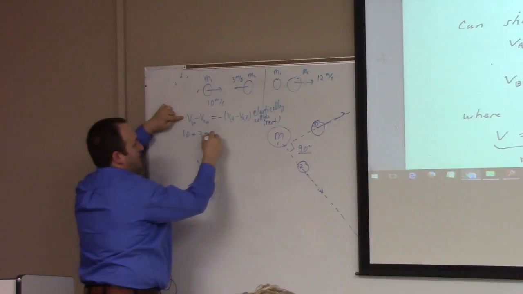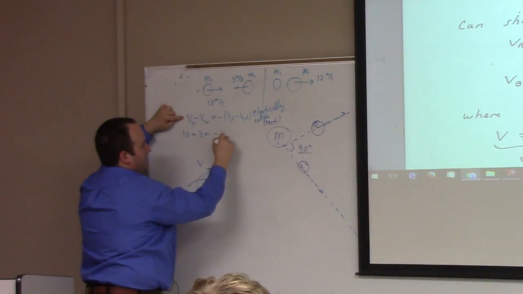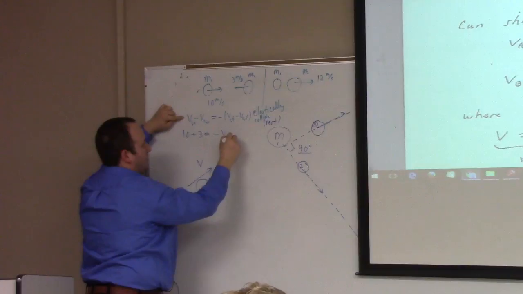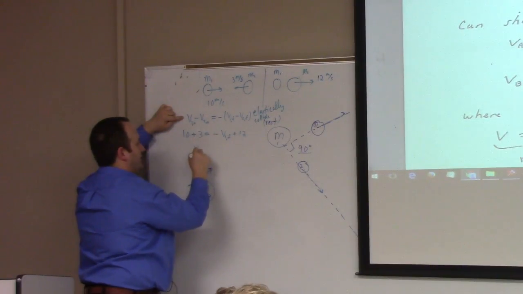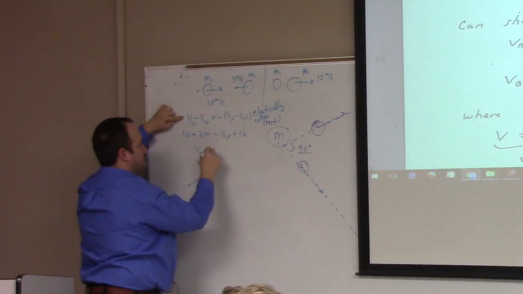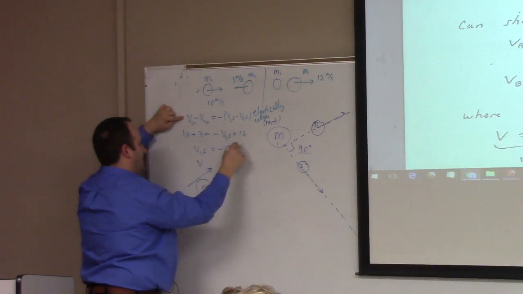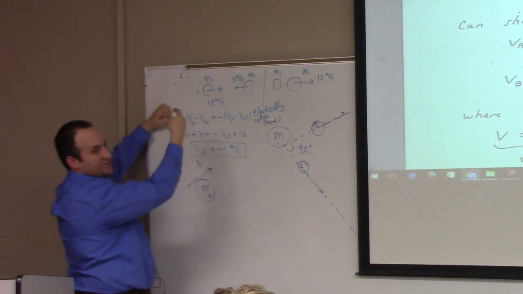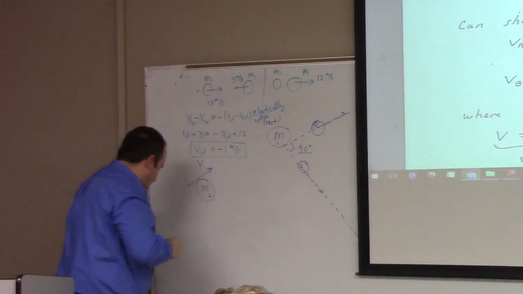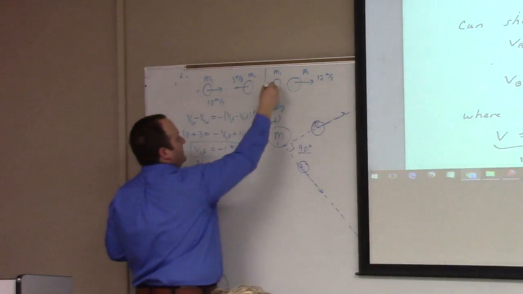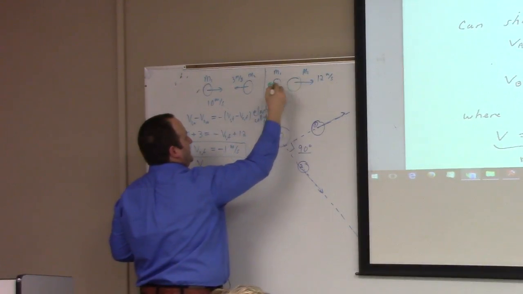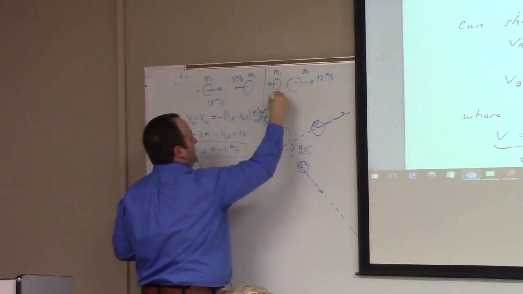And that should be equal to minus V1F plus what? Plus 12. So V1F would be minus 1. In other words, 1 meter per second to the left. That's in this very nice special case, but I think it's an important special case to know about.